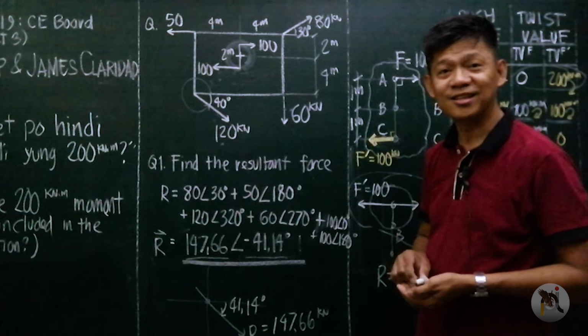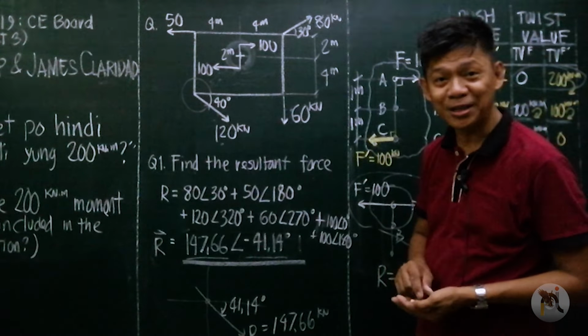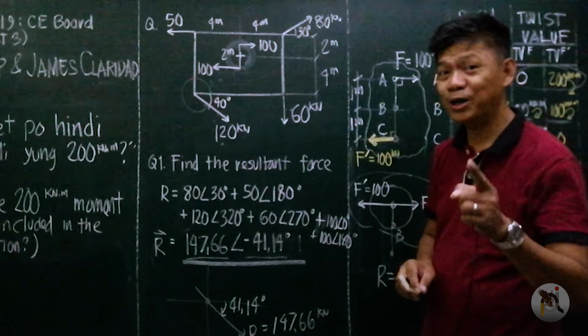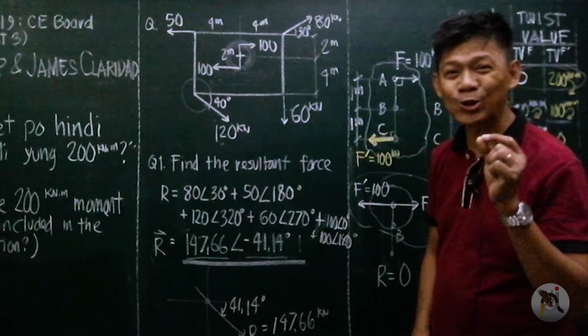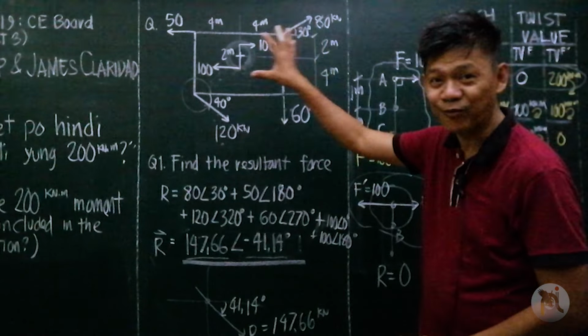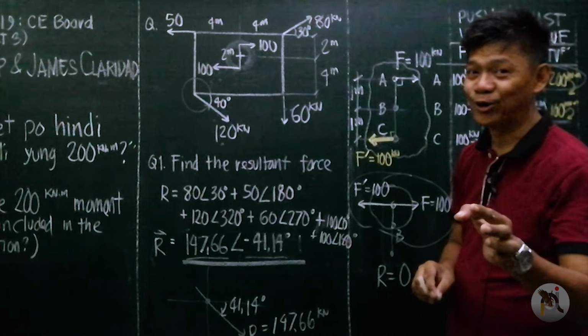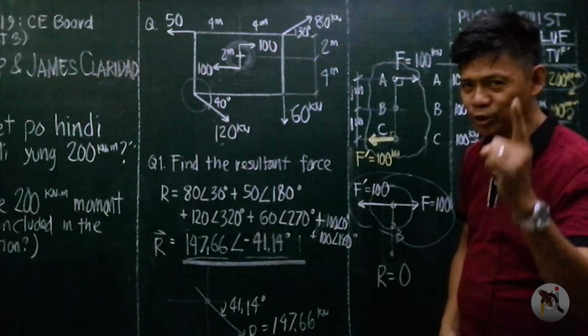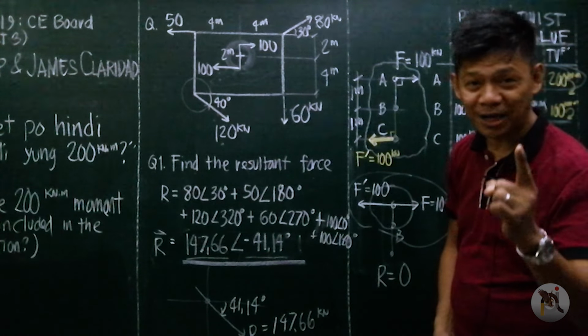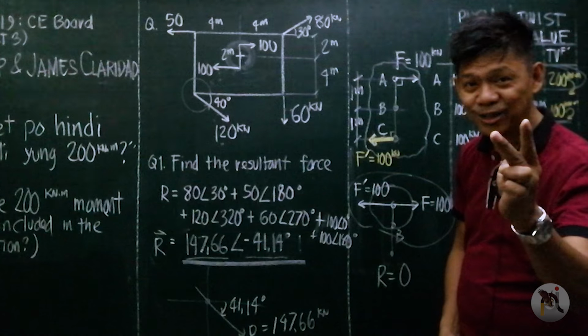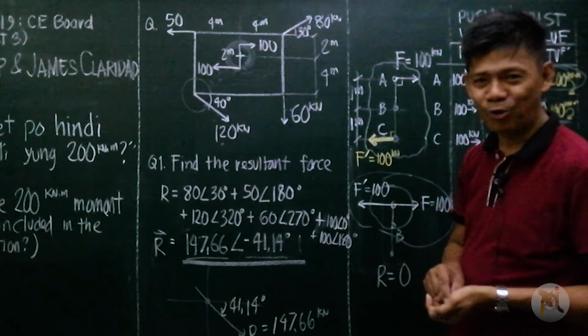The question is, where will the moment enter when we compute the twist value of the forces? You get it? Remember, a force has two values. The push value, called the magnitude. The twist value, called the moment.